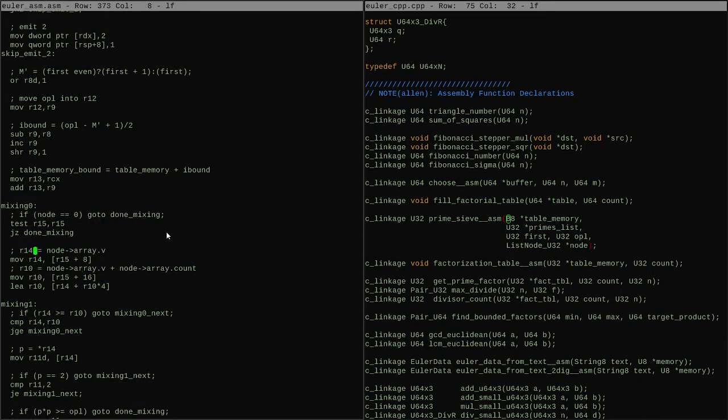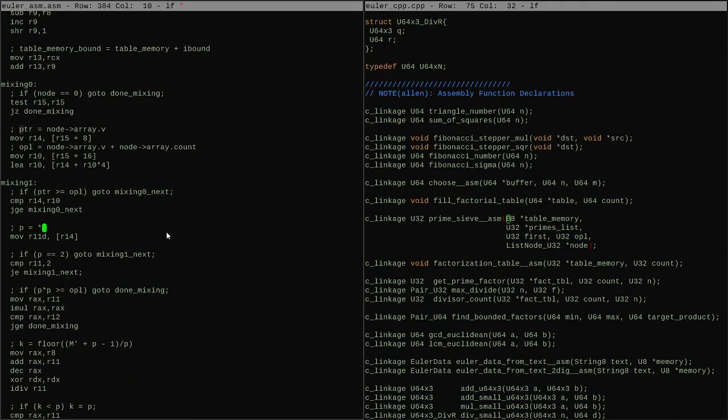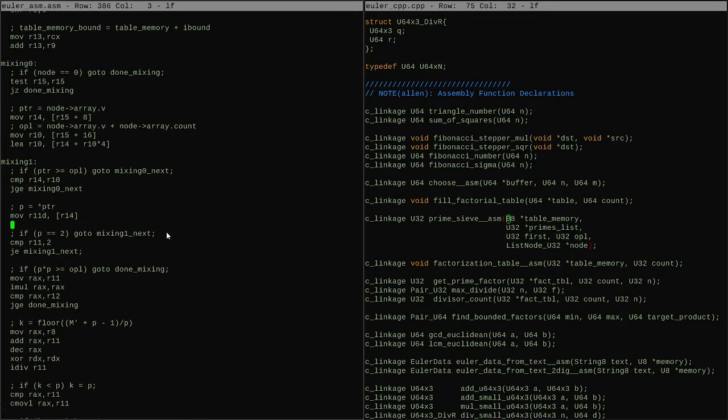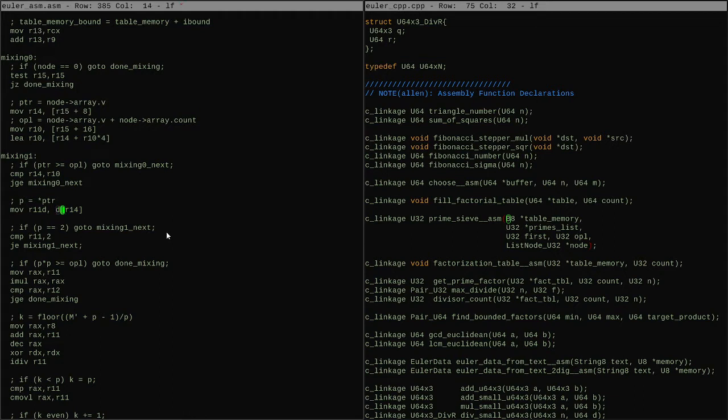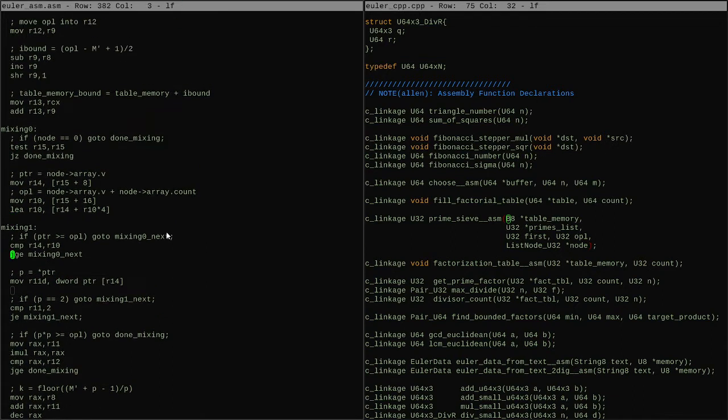So R14 is like a putter, it looks like. And this is like a one past last. So we're checking if putter is greater than or equal to one past last. Here we're reading out of the putter. So yeah, these are unsigned because they're both pointer types, right?